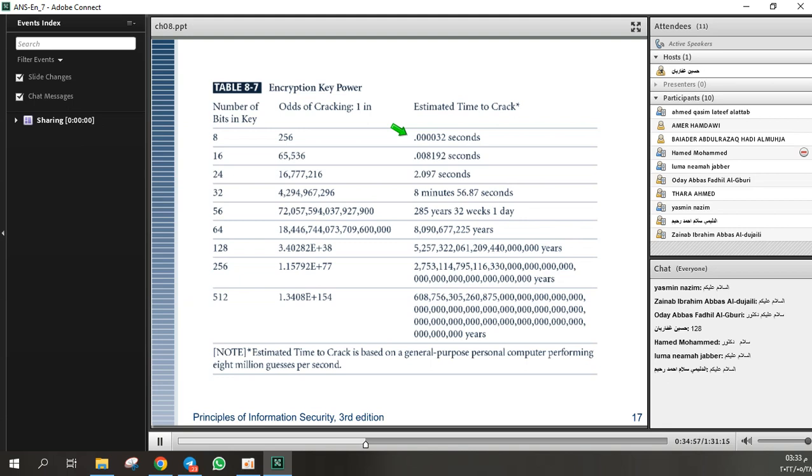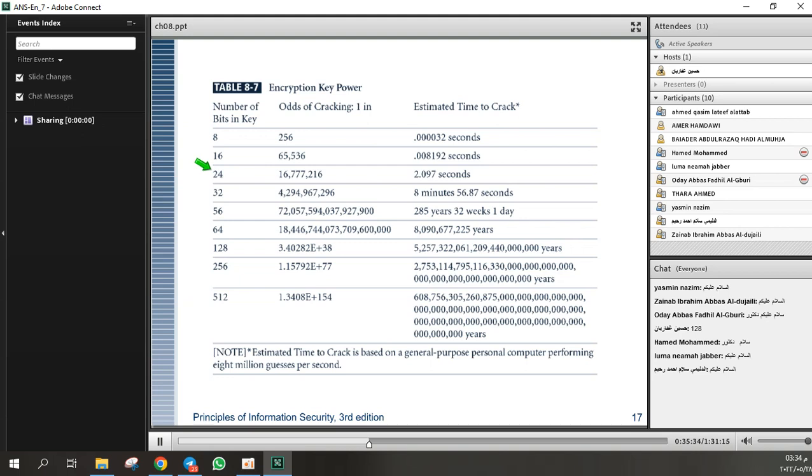It takes less than a second to guess them and break the code. If the length is 16-bit, I can prepare 65,000 different patterns. Still, less than 1 second, I can break it.